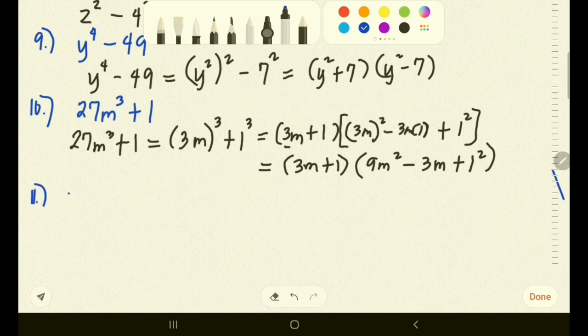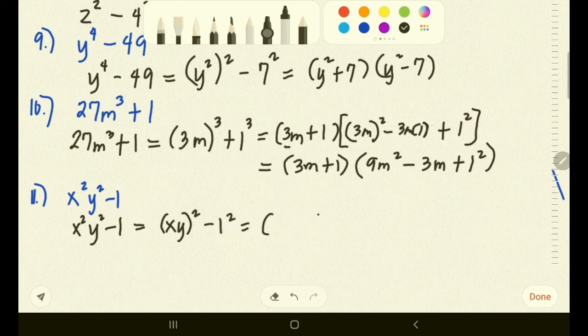Number 11, you factor also x squared y squared minus 1. Okay, this is very clear. This is difference of two squares. So express each into the power of 2. So (xy) quantity squared minus 1 squared. And then you get the two factors, which are base of first term, xy quantity squared, that would be xy.